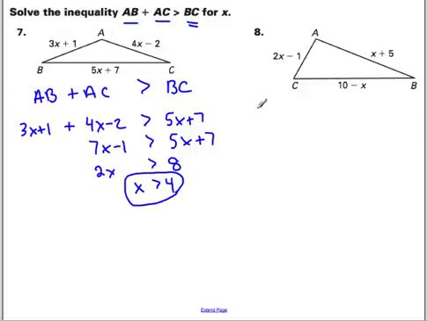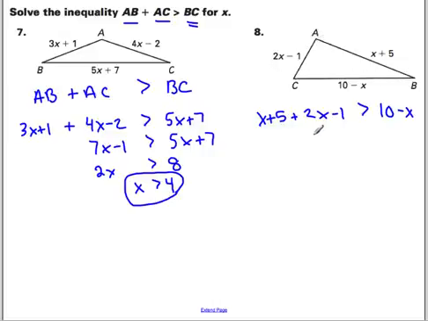Number 8 works really similarly. If we work it out, you just get a fraction, which isn't a really big deal. We'll just substitute this in here. x plus 5 plus 2x minus 1 has to be greater than 10 minus x. Again, that's AB plus AC has to be greater than BC.